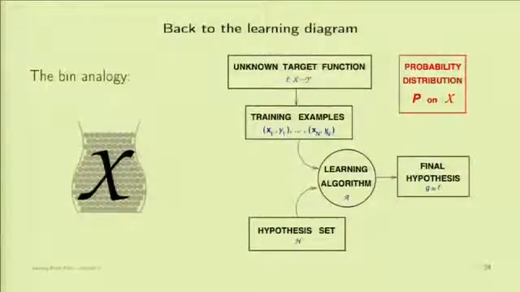So what do you do with the probability? You use the probability to generate the points x1 up to xN. So now x1 up to xN are assumed to be generated by that probability independently. That's the only assumption that is made. If you make that assumption, we are in business. But the good news, as I mentioned before, is that we did not compromise on the target function.